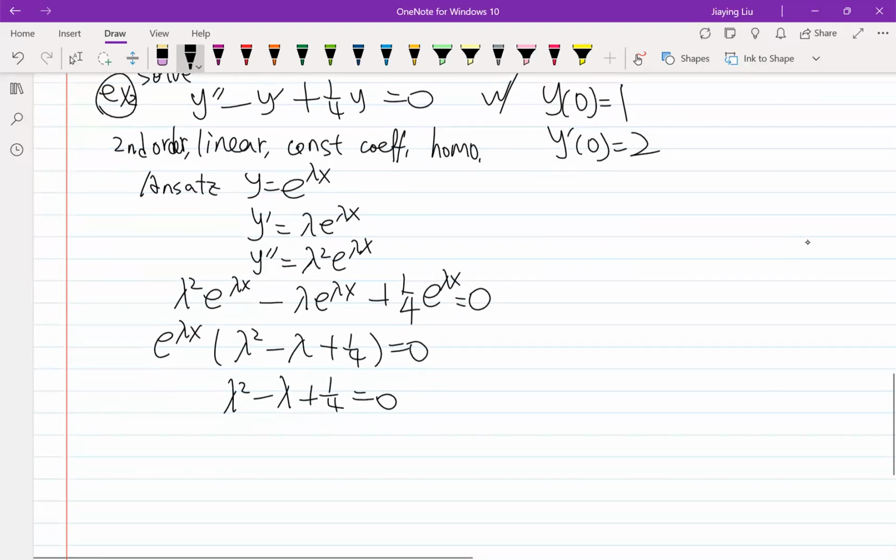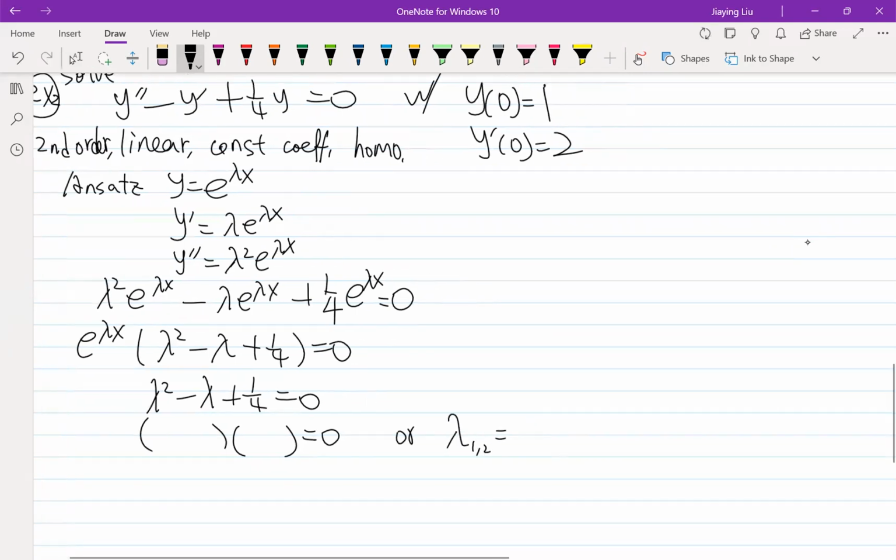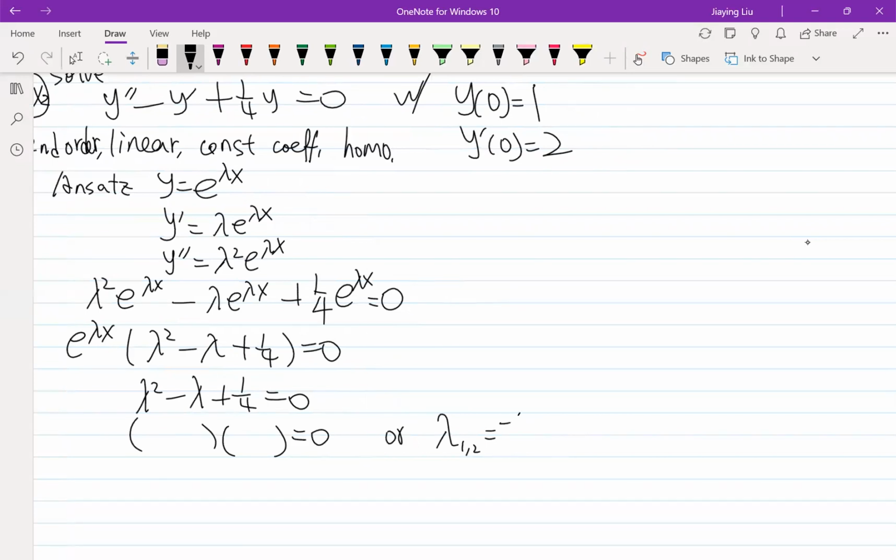And then we can solve for lambda here. You can try to factor this. You probably figure out the factors already. If you don't, you can use the quadratic formula. Lambda 1, 2 equals negative b, negative 1, plus minus square root of b squared, negative 1 squared, minus 4 times a times c, which is 1/4, divided by 2a.